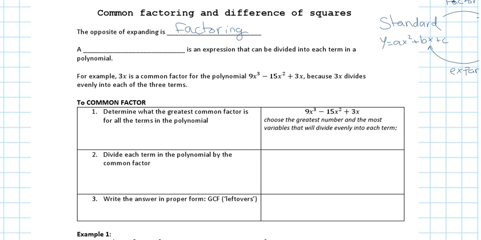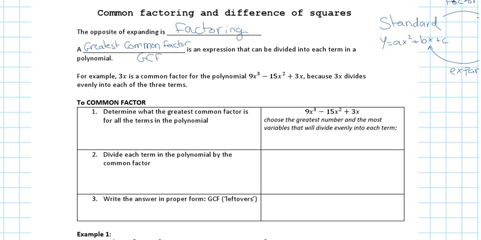A greatest common factor, or GCF, that's the acronym for it, is an expression that can be divided into each term in a polynomial.